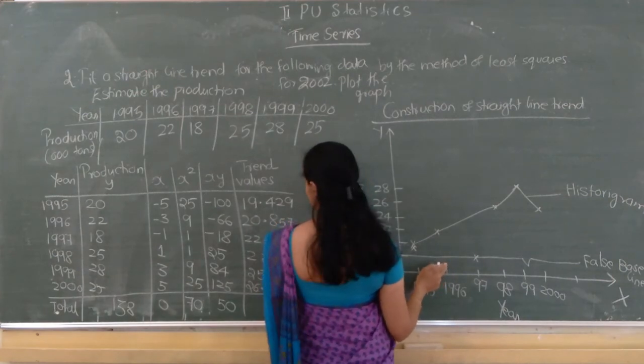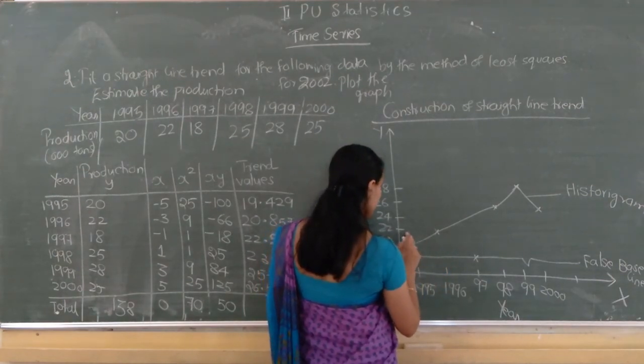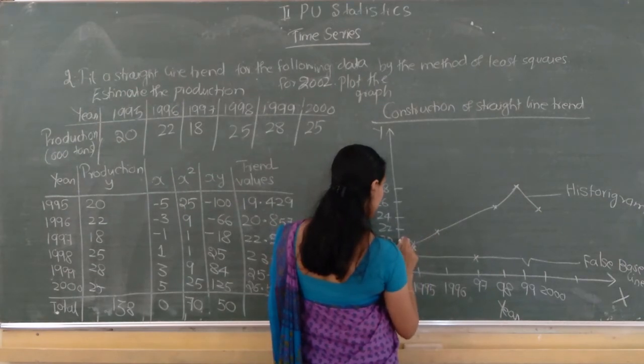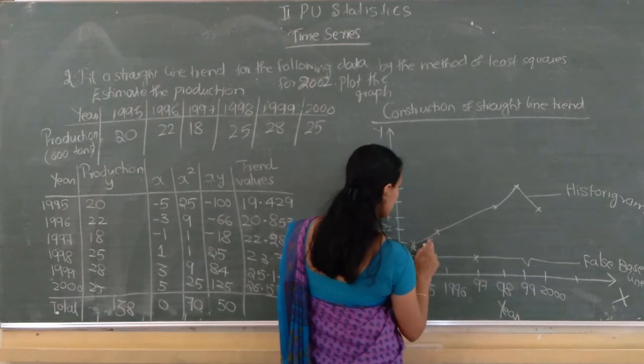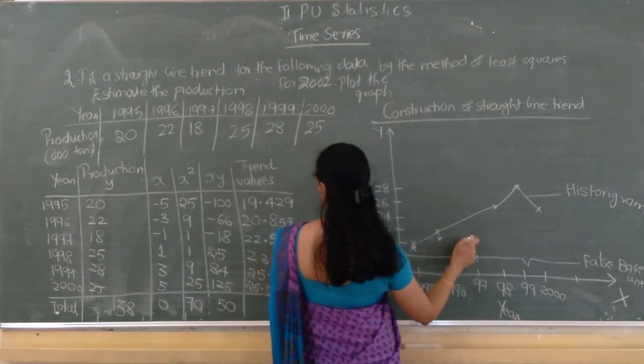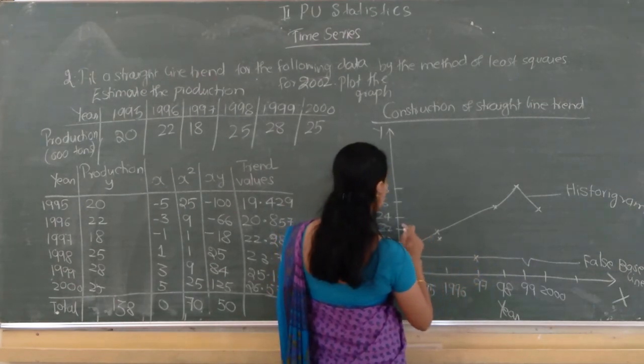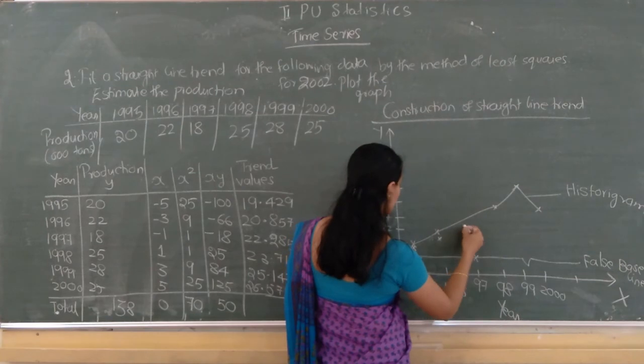Next, 1996 is 20.8, which is the 4th line, below 21. So here it is 1996. 1997 is 22.2, a little lower.